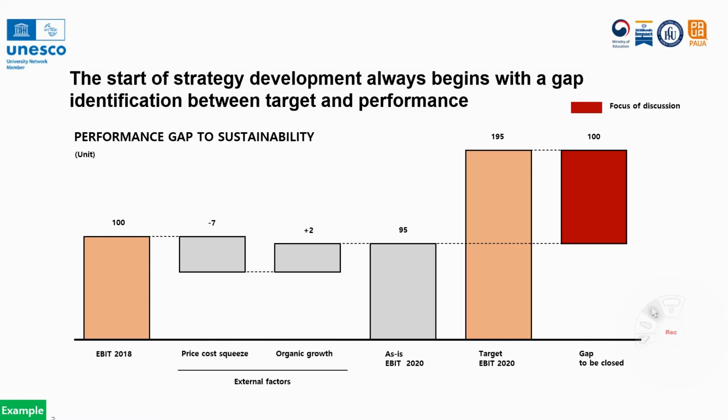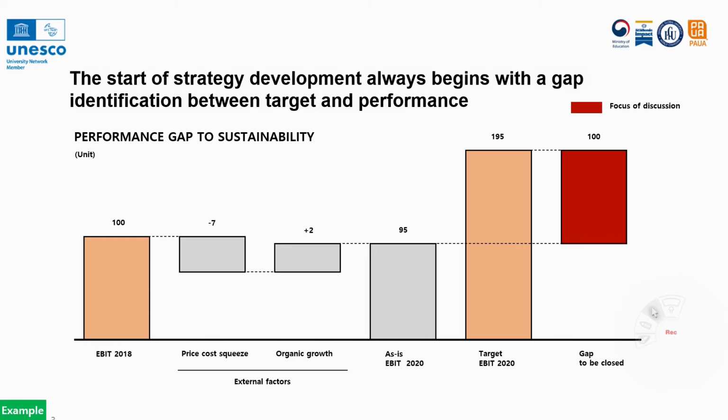What are the external factors influencing the 5% decrease of the EBIT numbers? One is price cost squeeze. So the external environment is not favorable to our company. Maybe the price could be lower than today, but the cost would be higher than today in 2 years.